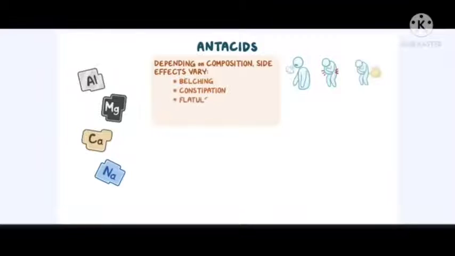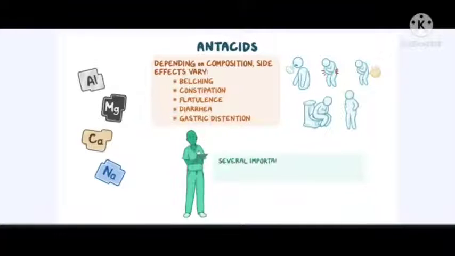Antacids can be made up of aluminum, magnesium, calcium, or sodium compounds. Depending on the medication's composition, side effects can vary amongst different types of antacids, which can include belching, constipation, flatulence, diarrhea, and gastric distension. There are several important contraindications and client education that should be considered by the nurse before administering antacids to clients.